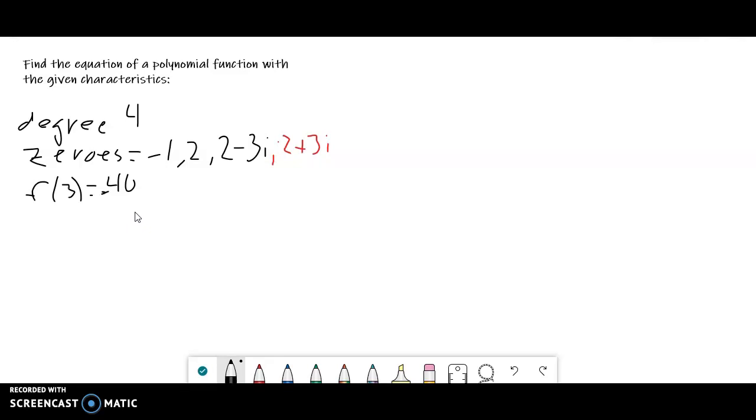So now that we have all 4 of our zeros, let's write out what this function will look like without any numbers plugged in. So our f of x is equal to leading coefficient an, and we'll have our x minus the first 0, c1, x minus c2, x minus c3, and then finally we'll have the 4th factor, and we will have 4 this time because we have a degree 4 polynomial.